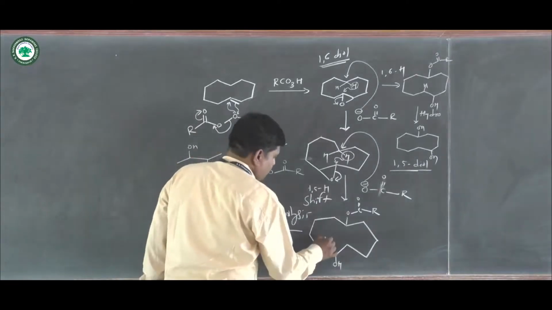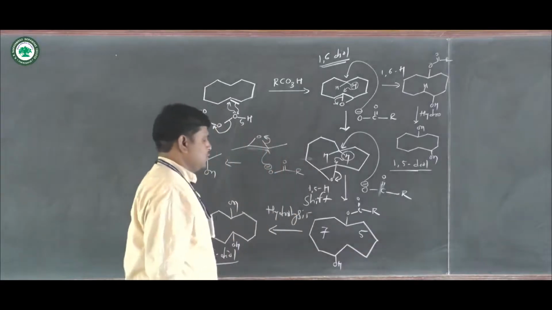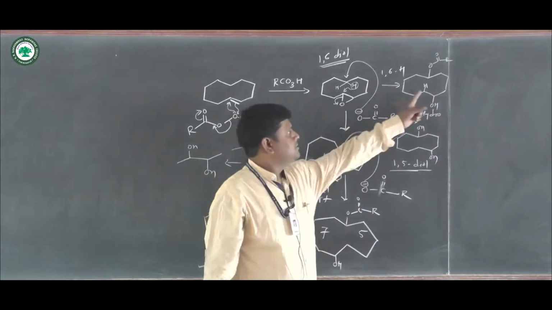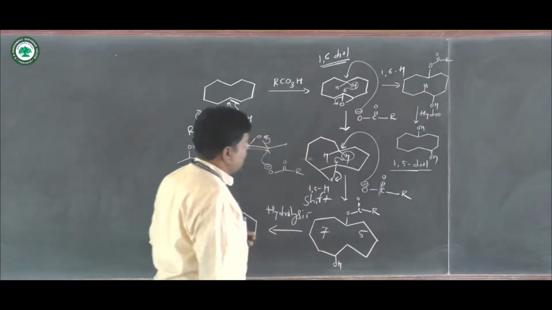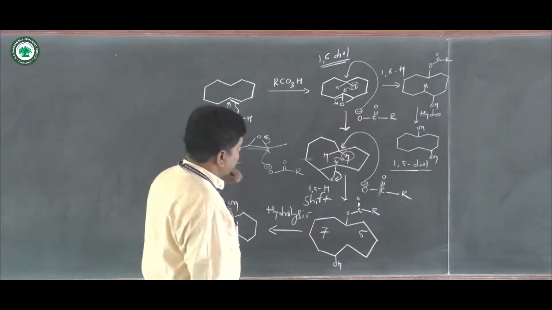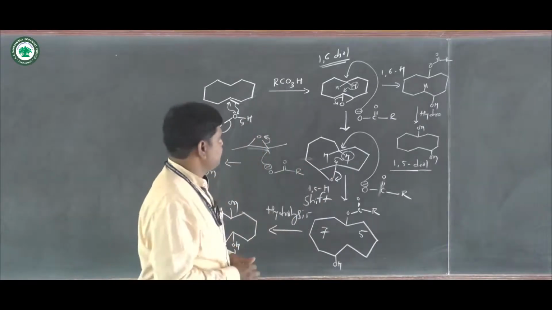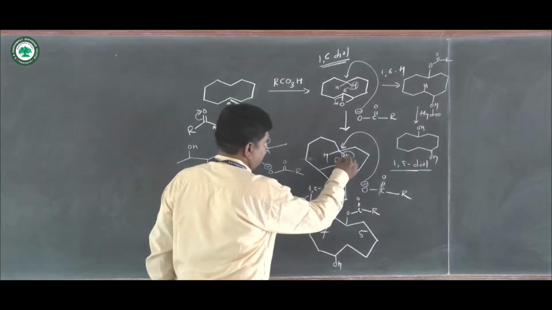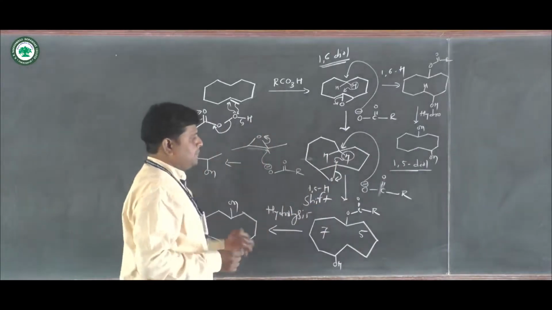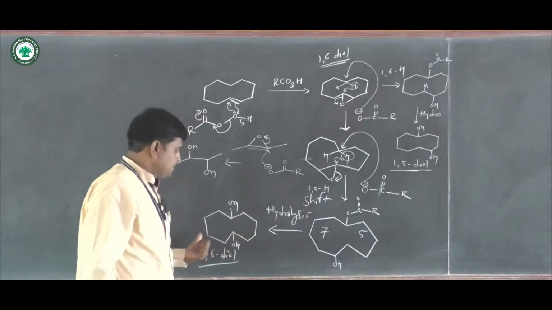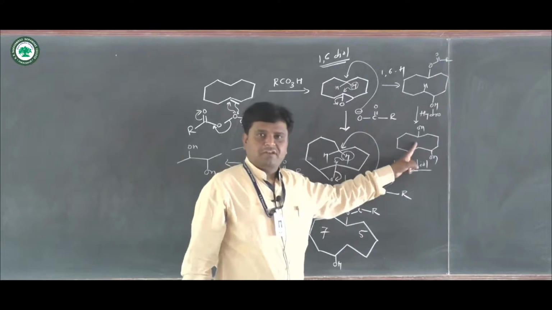So here this is a 7-membered ring system and this one is a 5-membered ring system, which is not possible in such cases. If we take the example like this, different ring systems occur, and if 7- and 5-membered ring differentiation is possible, we get only the 1,6 diol instead of the 1,5 diol.